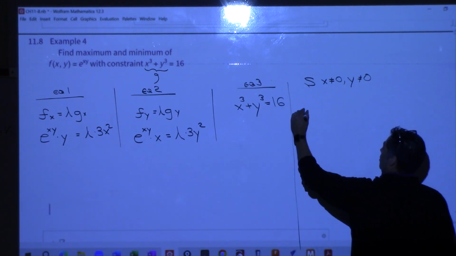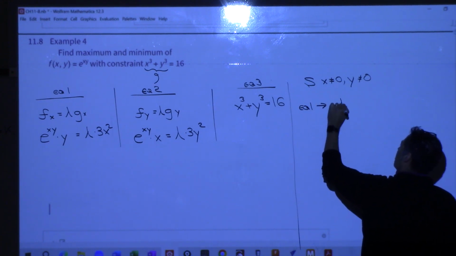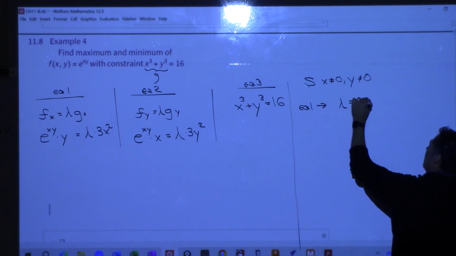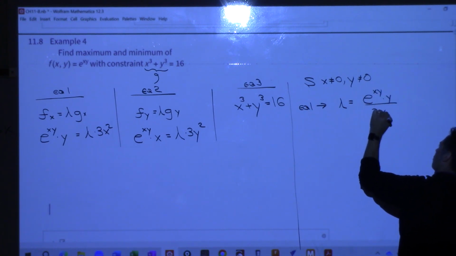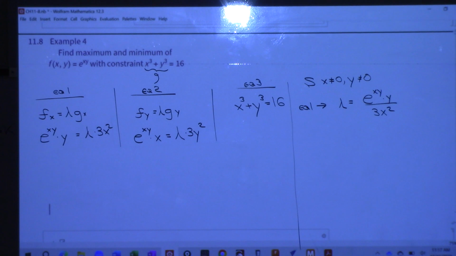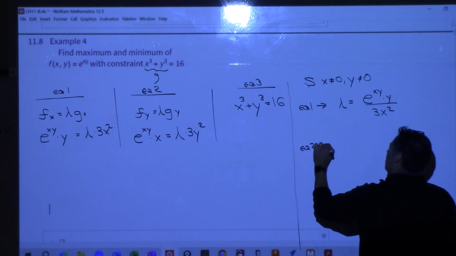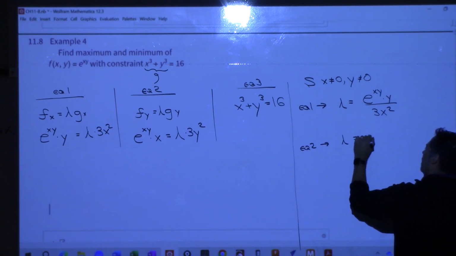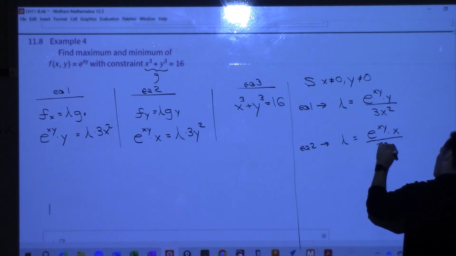Suppose x and y are not 0, then equation 1 yields that lambda is e to the xy times y over 3x squared. Right? That's just dividing both sides by 3x squared. Equation 2 tells us that lambda would be e to the xy times x over 3y squared.